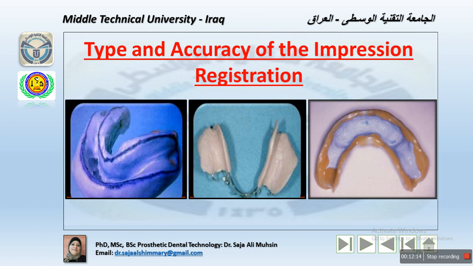Now, the form of the residual ridge recorded under some loading, whether by occlusal loading, that means finger loading, specially designed individual trays, or the consistency of the recording medium, is called the functional form. This is the surface contour of the ridge when it is supporting a functional load.